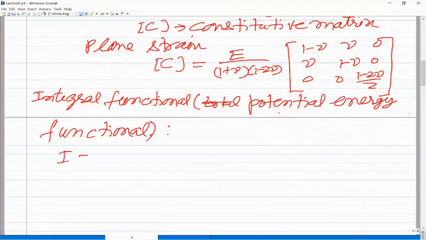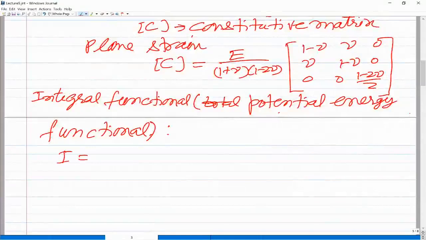So this will consist of strain energy, and the strain energy per unit volume is half of sigma xx epsilon xx plus sigma yy epsilon yy plus tau xy into gamma xy, integrated over the volume.